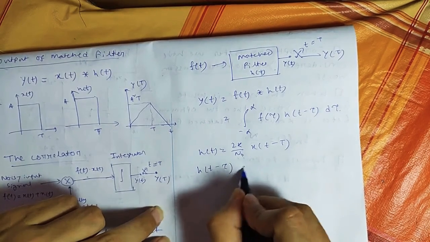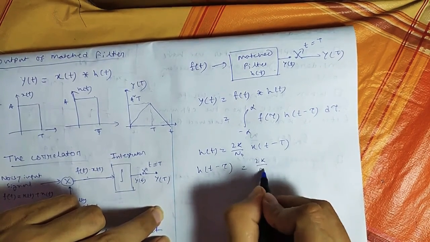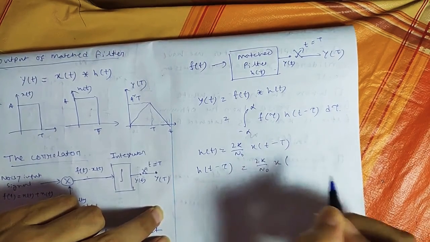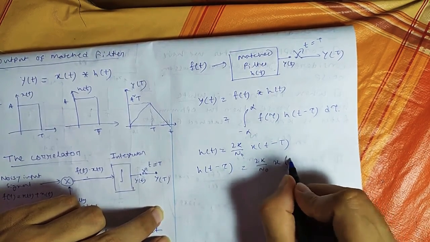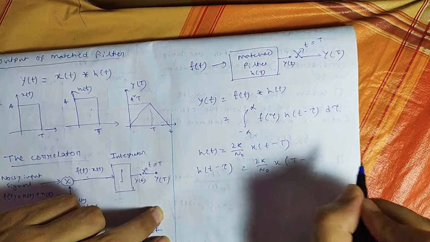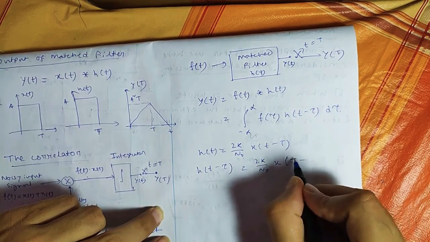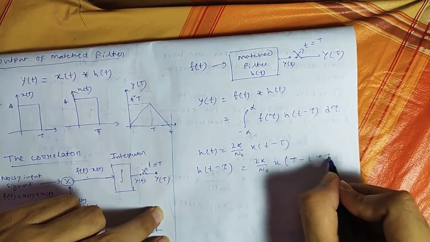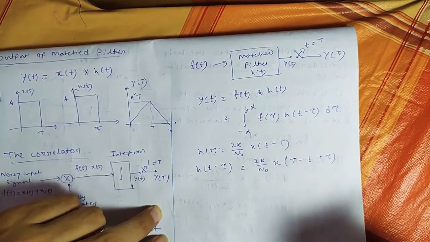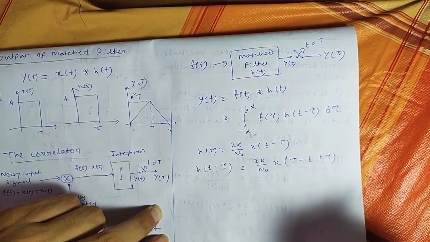It will be 2k by N0 x(T minus t plus tau).